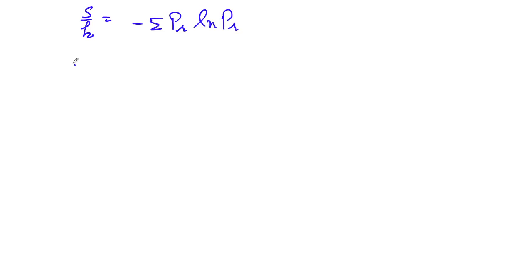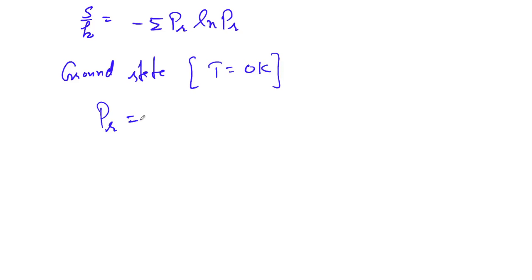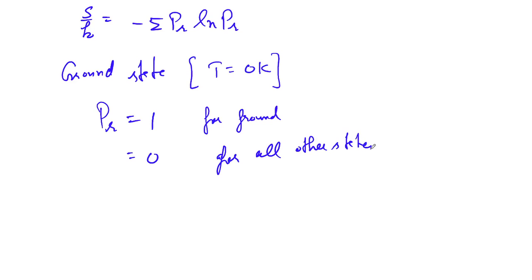If the system is in the ground state, that is when all the particles within the system are completely at rest, at a temperature of 0 Kelvin, then the probability PR is maximum for the ground state and is equal to 0 for all other states. Then the value of S over k in the ground state, when PR is 1, comes out to be minus the summation of PR into log of PR, and is equal to 0.